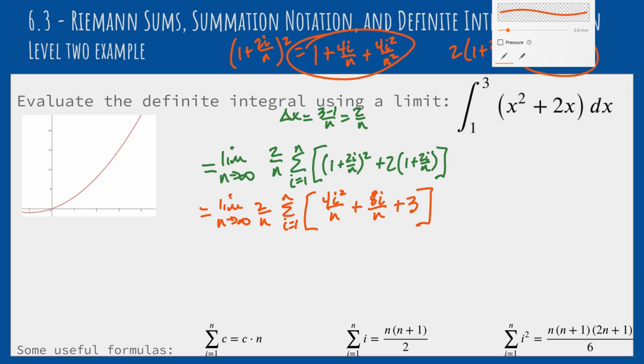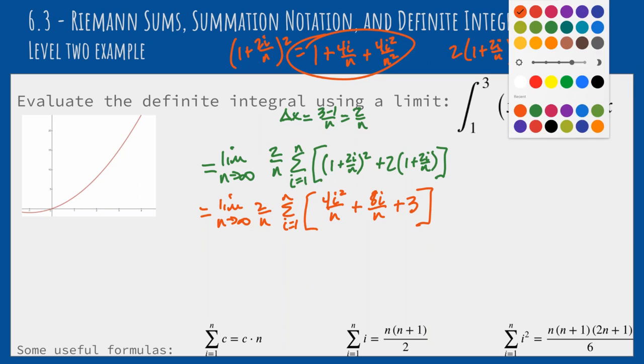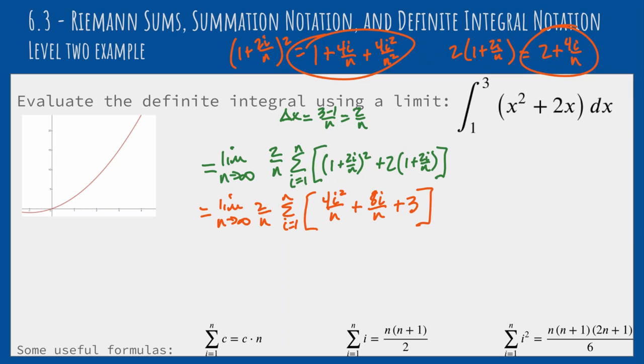Okay, next thing I'm going to do is separate this into 3 separate sums. If you think about what we've got here, each one of these terms is going to give us a term in the sum. So if we were to write out this sum here, I'm going to call these a sub i, b sub i, and c sub i.